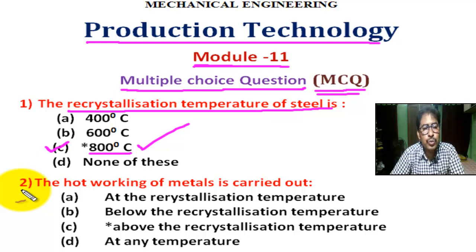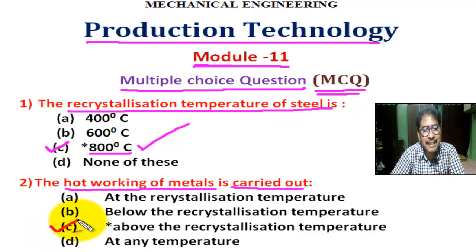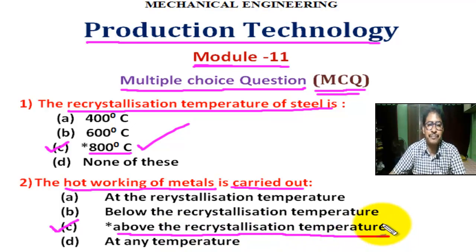Question number 2. The hot working of metals is carried out, there are 4 options. Correct answer is C, above the recrystallization temperature.